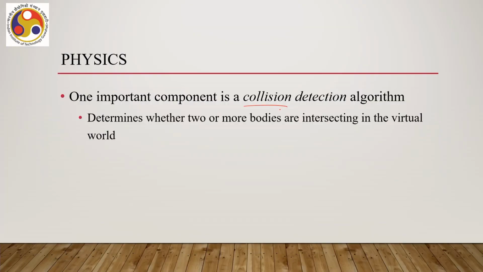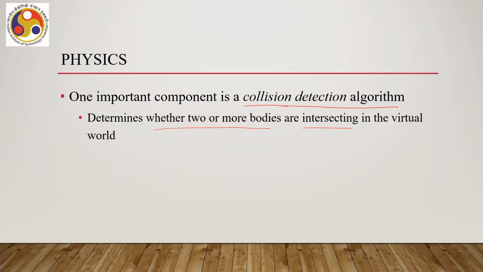Another important component is collision, collision of one object with other objects. So, collision detection algorithm support ideally should be part of the virtual world generator. It determines whether two or more bodies are intersecting in the virtual world.